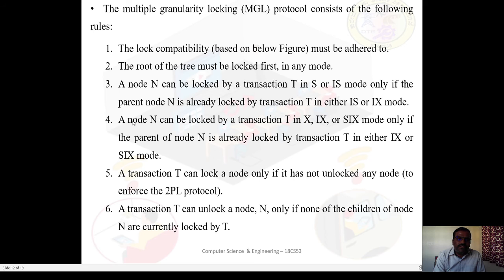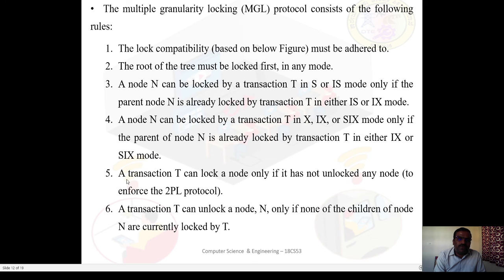The fourth rule is a node N can be locked by transaction T in X exclusive, IX intention exclusive, or SIX shared intention exclusive mode only if the parent of node N is already locked by transaction T in either intention exclusive or shared intention exclusive mode.